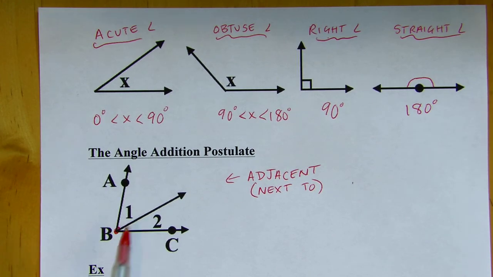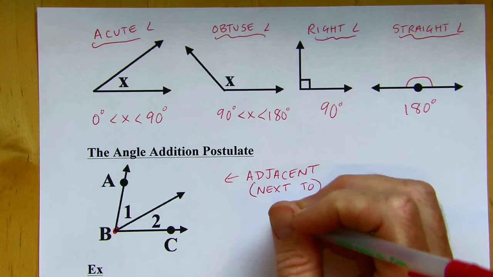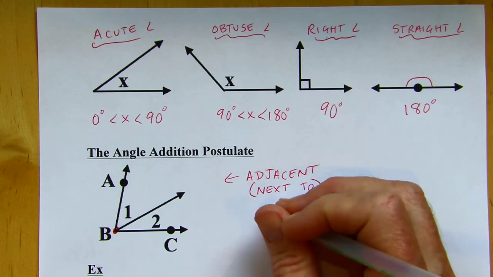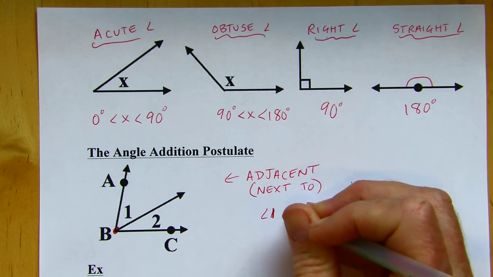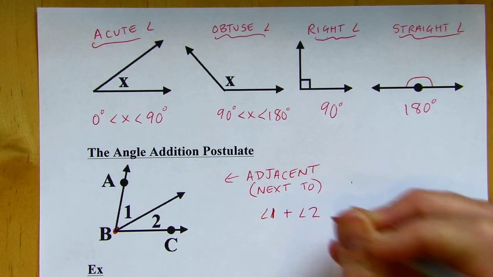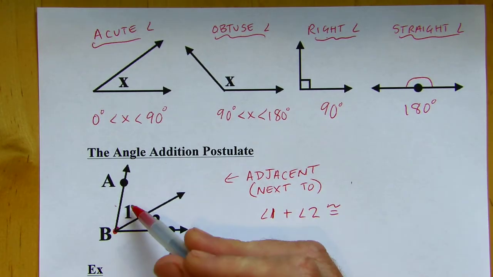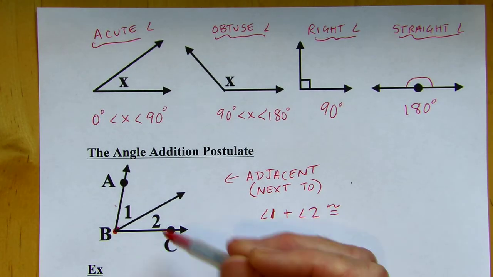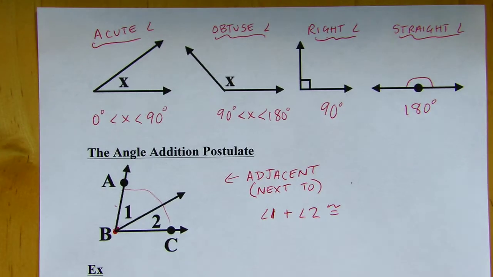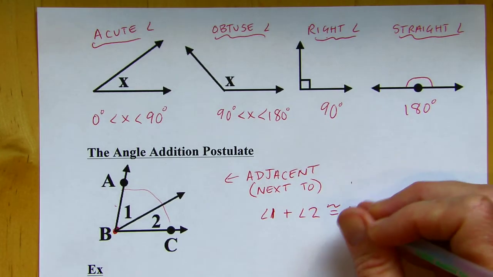And so just to make this easy, I numbered these angles. So I could say using the angle addition postulate that angle 1 and angle 2 added together are going to be congruent. Well, those are the two smaller angles. It's going to be congruent to the bigger angle, right? Together they form this bigger angle, so that would be angle ABC.